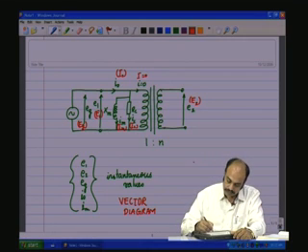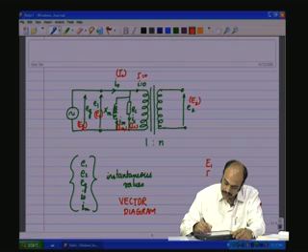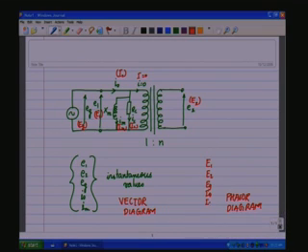Therefore, E1, E2, EG, I naught, IC, IM, and so on, would represent the RMS or effective values.